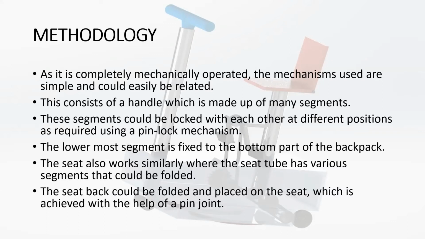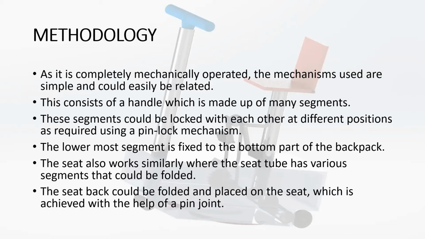As it is completely mechanically operated, the mechanisms used here are simple and could be easily related. This consists of a handle at first, which is made up of many segments. These segments could be locked with each other at different positions obtained by the sliding mechanism of these rods, and are locked with the help of a pin lock mechanism.